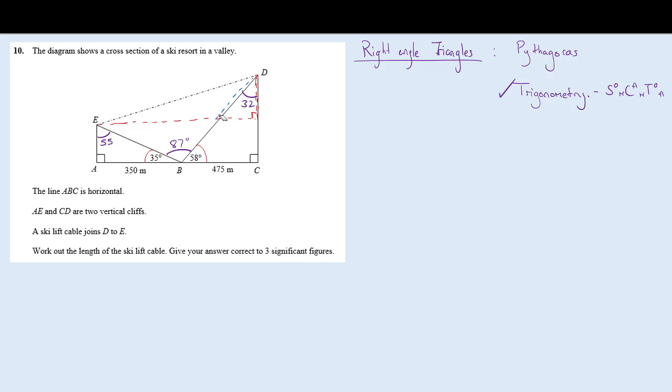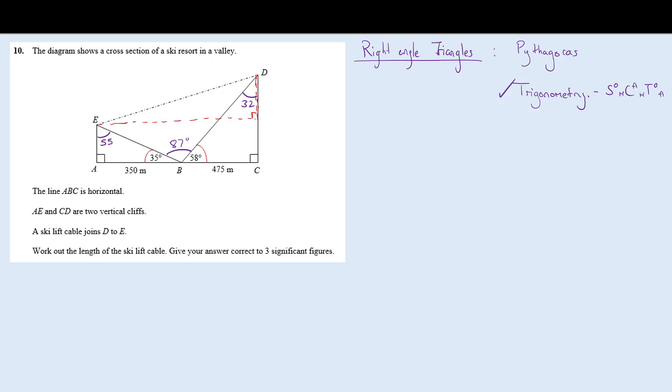So in terms of ease, thinking about what can I work out, what would be my next small step, it would make more sense for us to work out AE and DC, so then we know what the two shorter sides of the red triangle at the top would be.